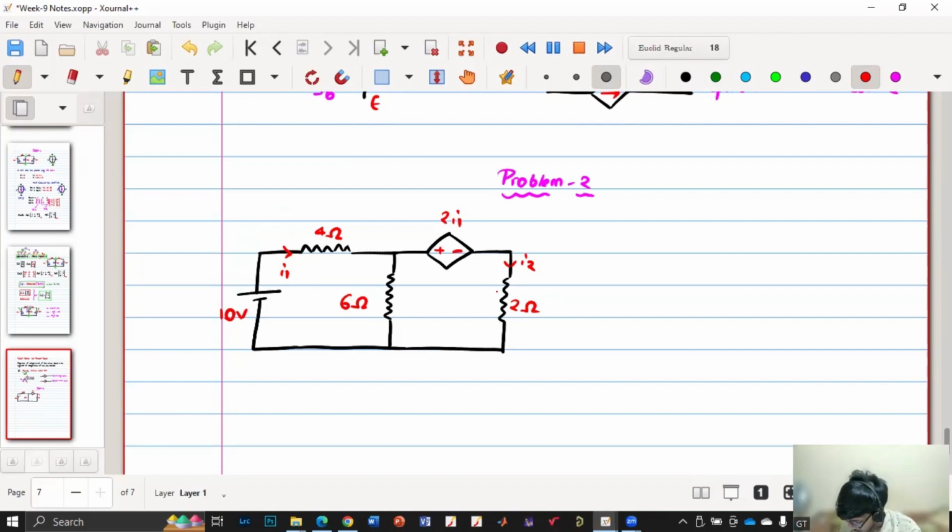Now if this is I1 and this is I2, what is the current in this branch? I1 minus I2.